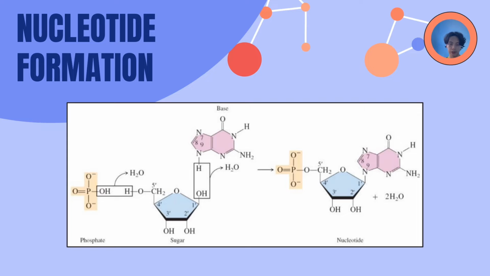For purine bases, attachment is through N9, and for pyrimidine bases, N1 is involved. The C1' carbon atom of the ribose unit is always in a beta configuration, and the bond connecting the sugar and base is a beta-glycosidic linkage. The phosphate group is attached to the sugar at the C5' position through a phosphate ester linkage.